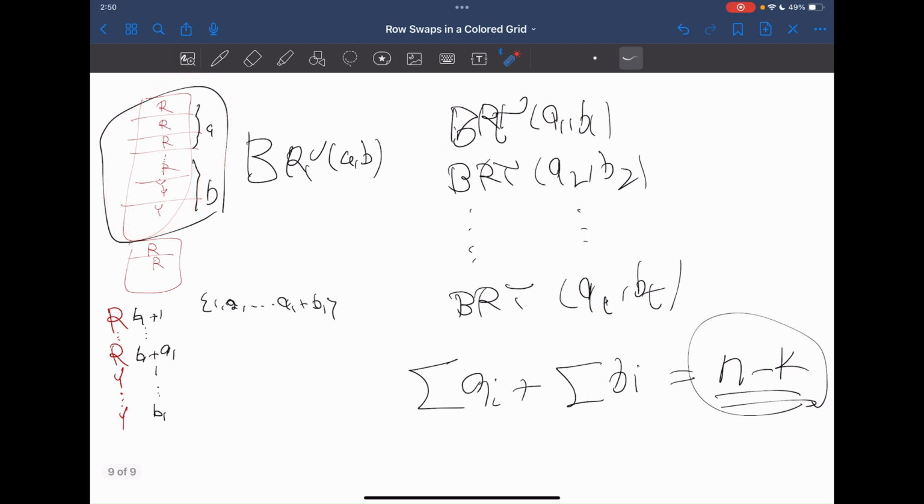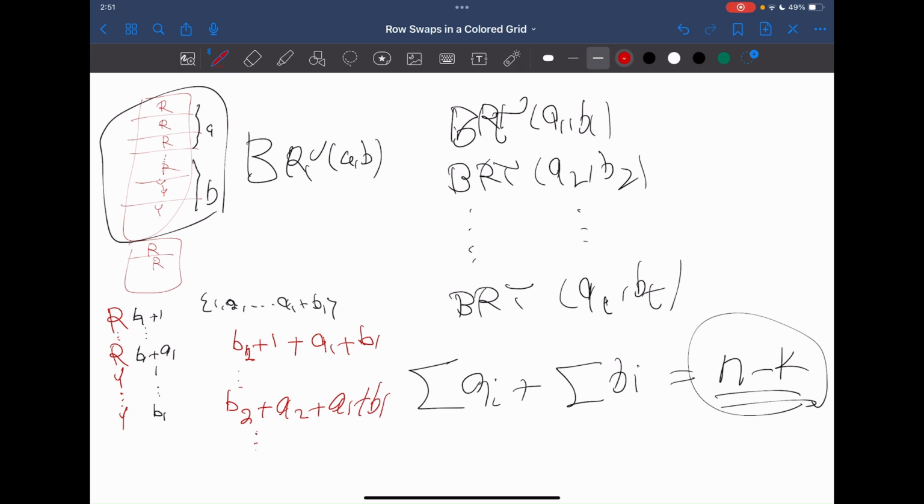If I want to repeat the same argument for the next block, I can write B1 plus 1. I shift everything by A1 plus B1, right? Sorry, here I should have B2 plus 1. Then B2 plus A2 plus A1 plus B1.